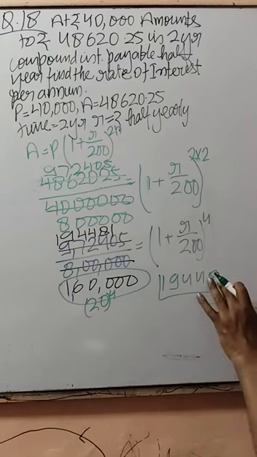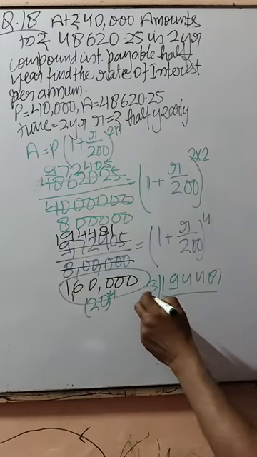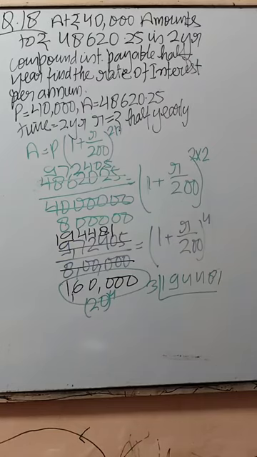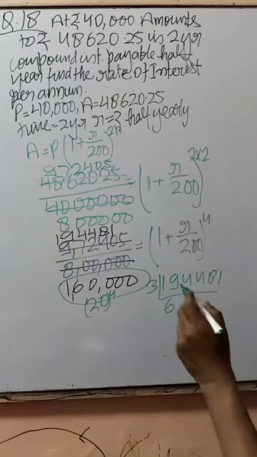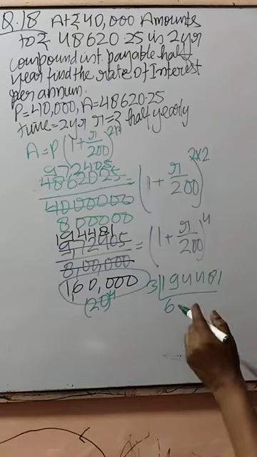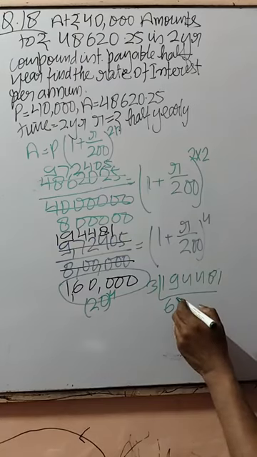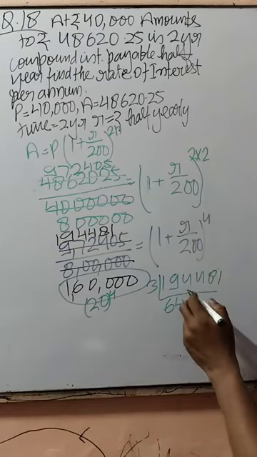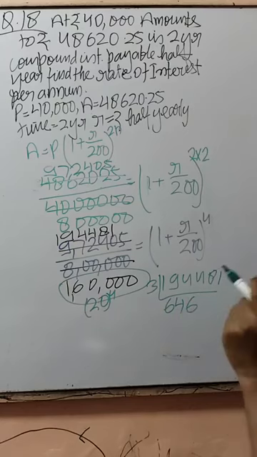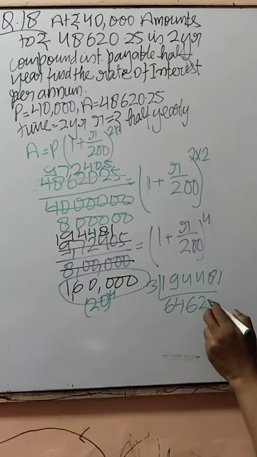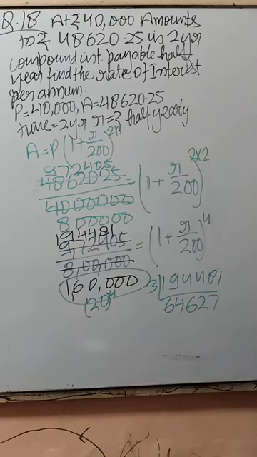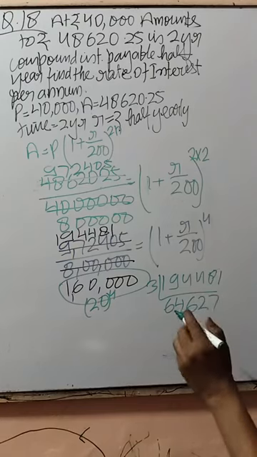When you get 1, 3, 6 times 3 becomes 18, 4 times 3 becomes 12, 6 times 3 becomes 24, 2 times 3 becomes 6, and 7 times 3 becomes 21.